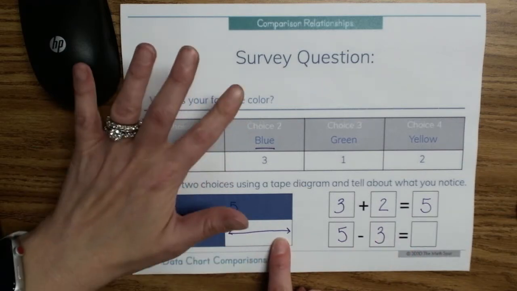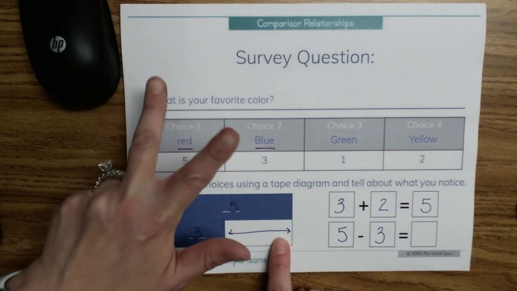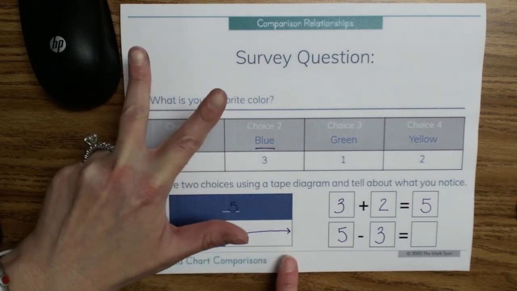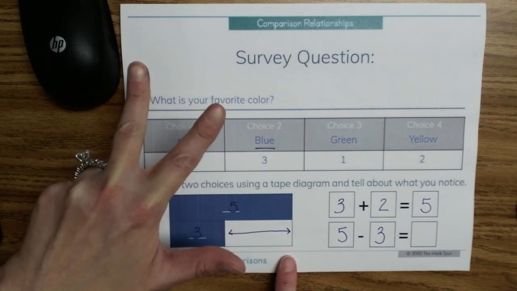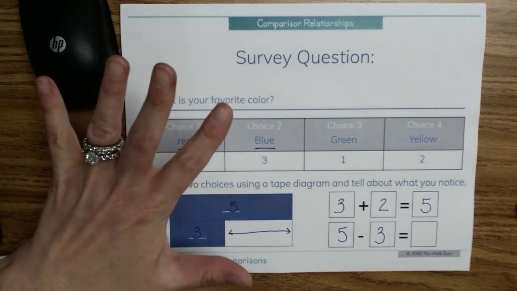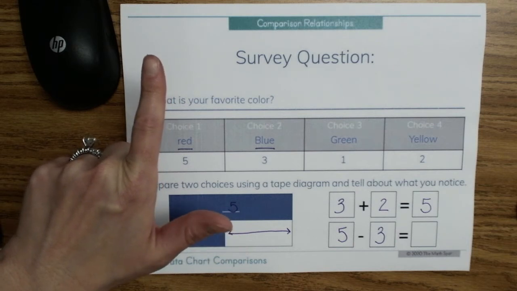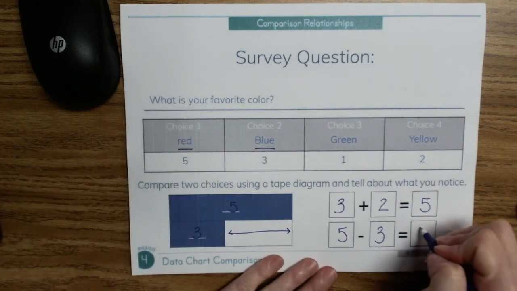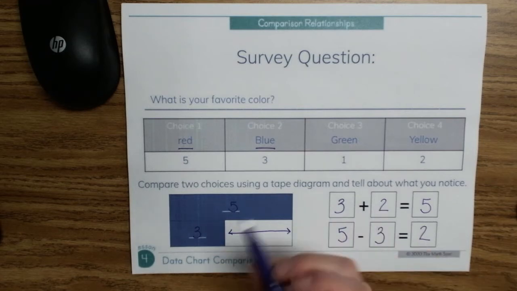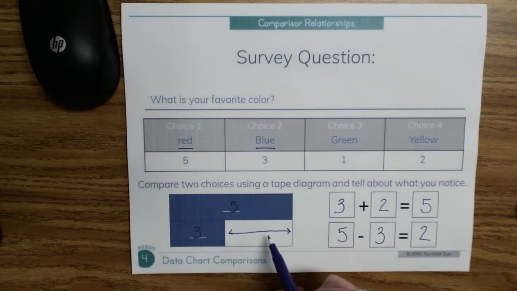So if I have 5 and I take away 3, I'm left with 2. Okay, so I'm comparing them. I'm figuring out what's that missing piece.